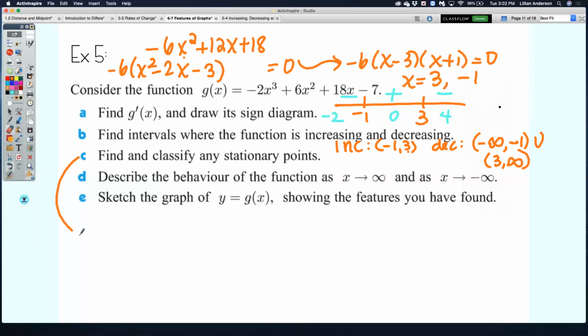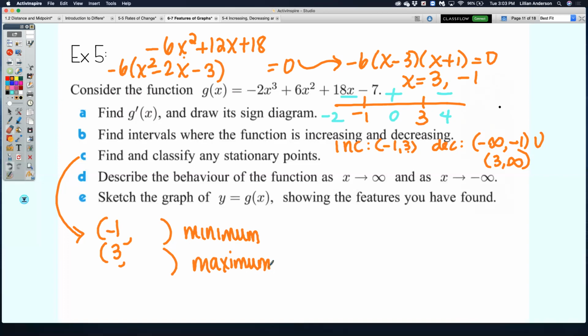Well, remember those critical points that I found of -1 and +3, because I go negative to positive and then positive to negative, I have a minimum at -1, and then I have a maximum at 3. Because again, my sine diagram, my number line goes negative to positive, that's decreasing to increasing, and then increasing to decreasing, which make your max and your min.